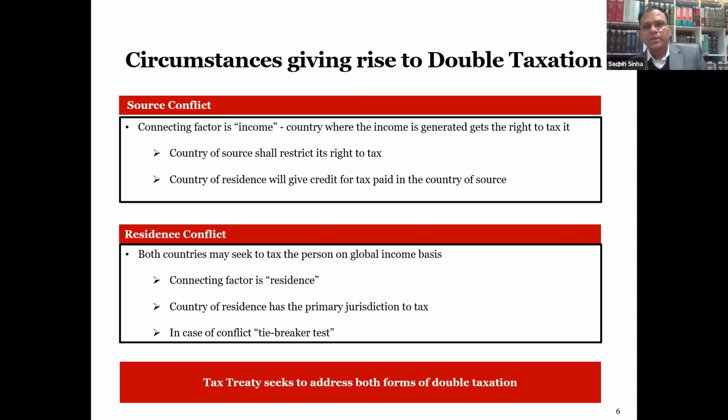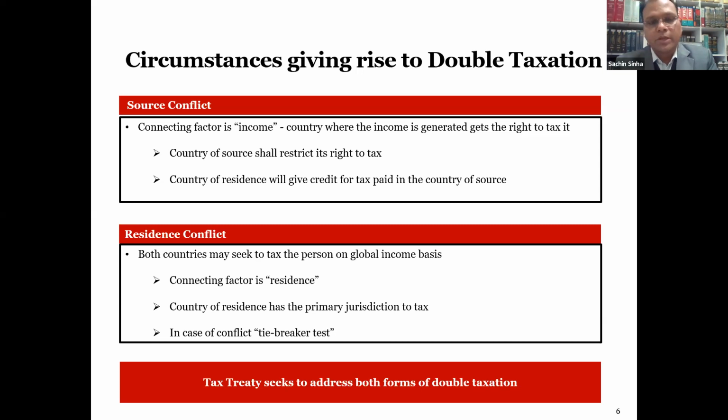So can I add something here? Sure. Okay. So just to explain the concept you have given just now. As you know, in India we have both concepts available, source-based taxation and residence-based taxation. For this purpose we refer to section 5, which talks about resident and non-resident.